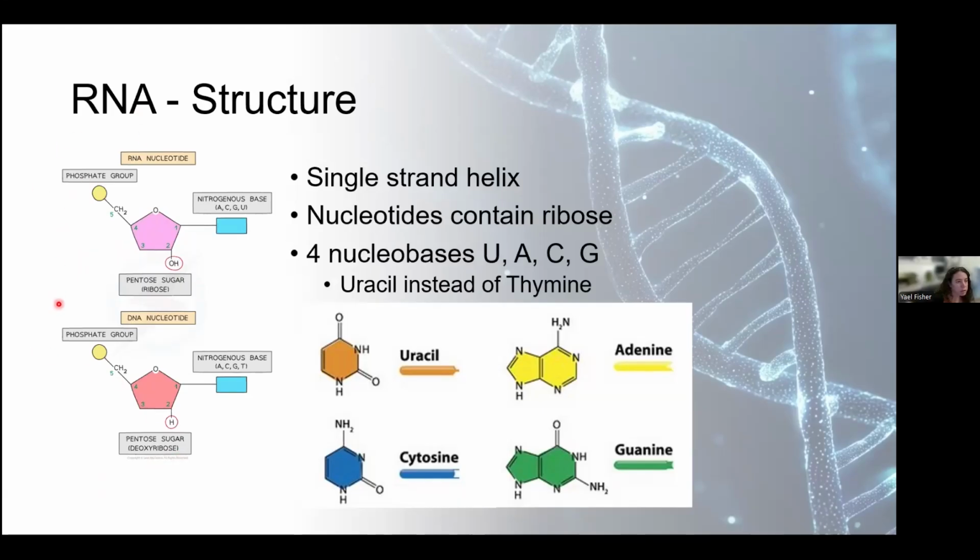The RNA nucleotides compose a single strand helix. They are not paired. And they also have 4 nucleobases. 3 of them are identical to the DNA, and one is different. That one is uracil. That is the counterpart of thymine. So when we talk about RNA, instead of having a TACNG, we'll have a UACNG.